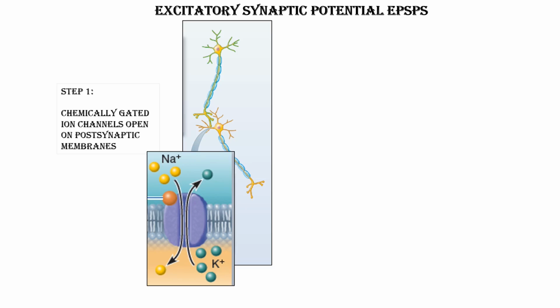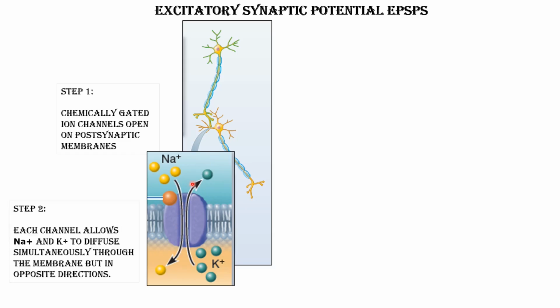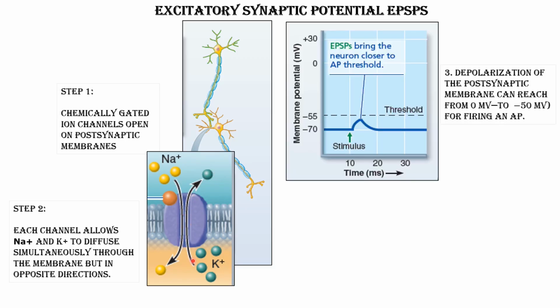Now, during the generation of such an excitatory potential, suppose first a chemically gated ion channel opens in the postsynaptic neuron. So the ligand binds to this ion channel, the ion channel opens, and this allows the movement of both sodium and potassium ions across the membrane in opposite directions.